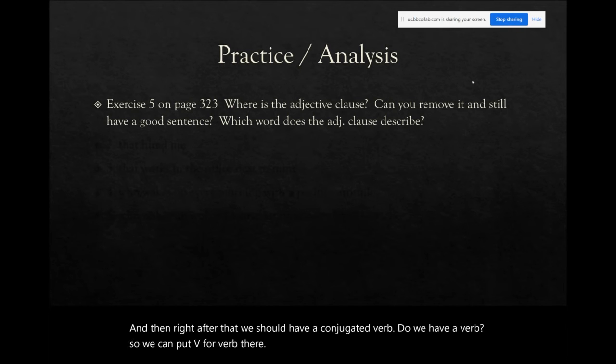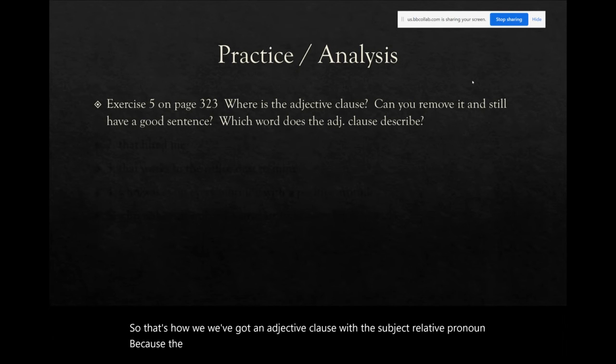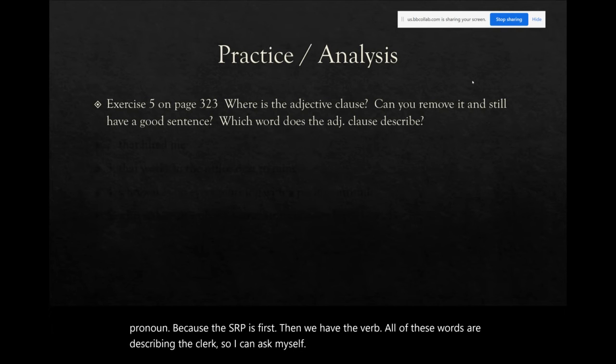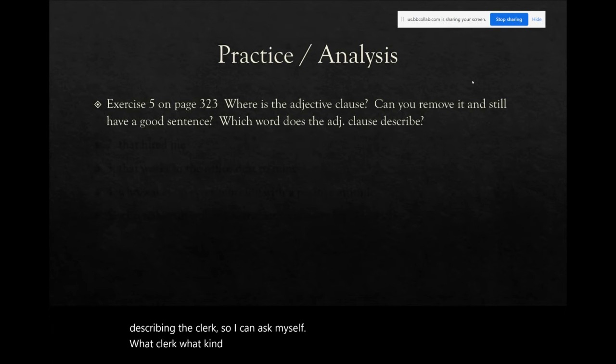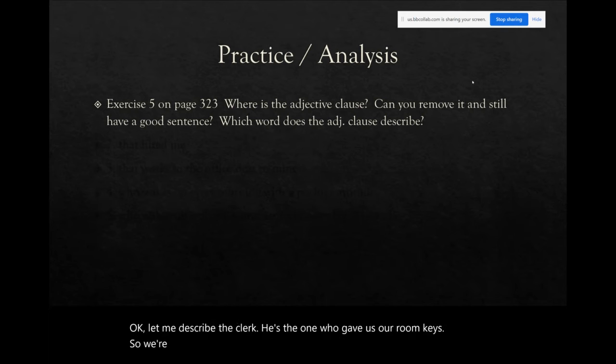That's how we know we've got an adjective clause with a subject relative pronoun: the SRP is first, then the verb. All of these words are describing the clerk. I can ask myself, what clerk? What kind of clerk was he? Was he tall? Was he old? Was he nice? He's the one who gave us our room keys. So we're giving description about the clerk.